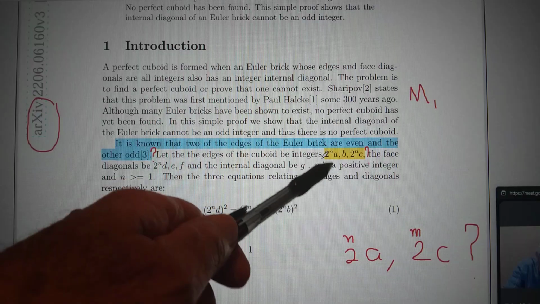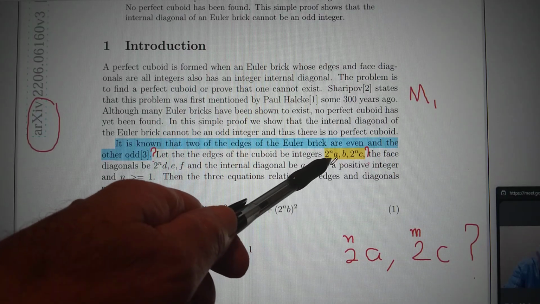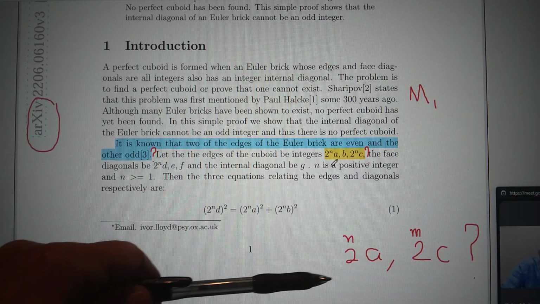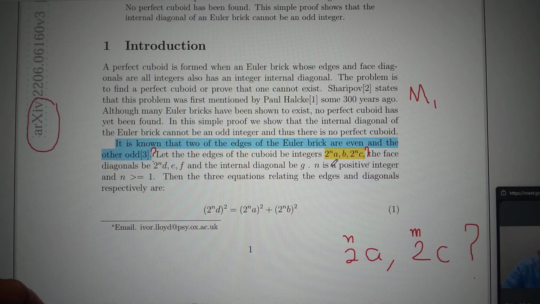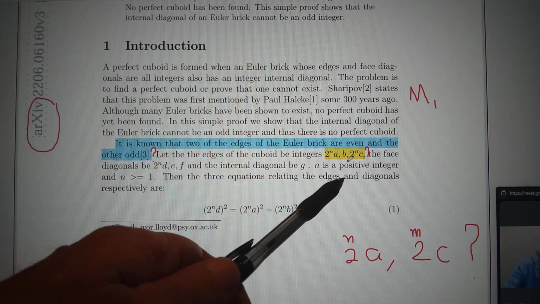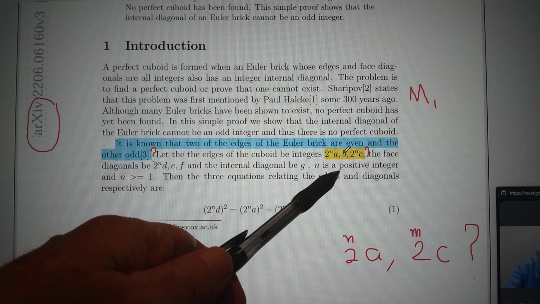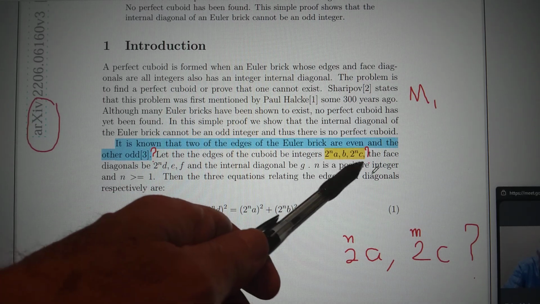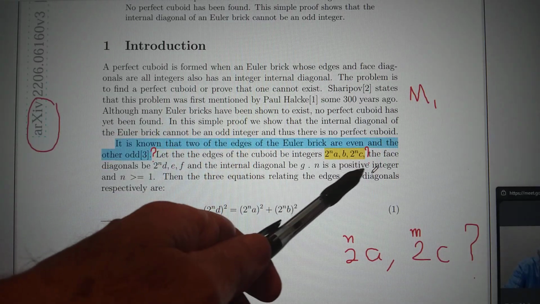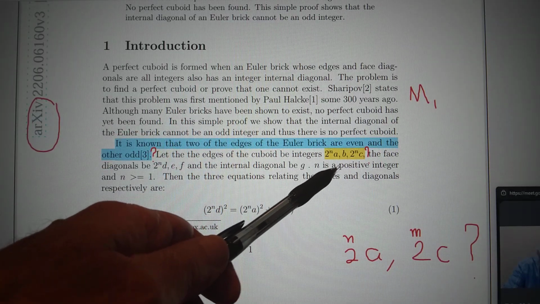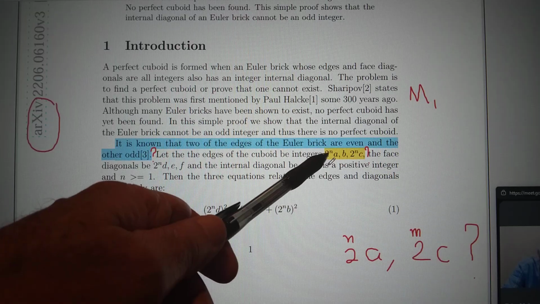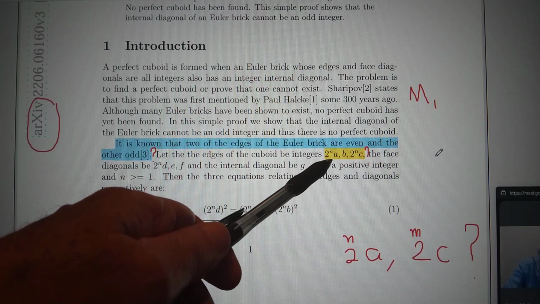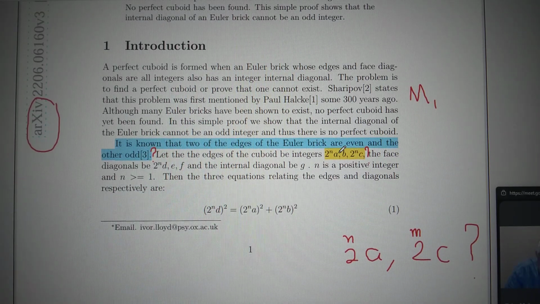to the end A looks like the length and width, B looks like this is odd, and 2 to the end C. Why those two edges even? Suppose they tell they are even, this one and this one.